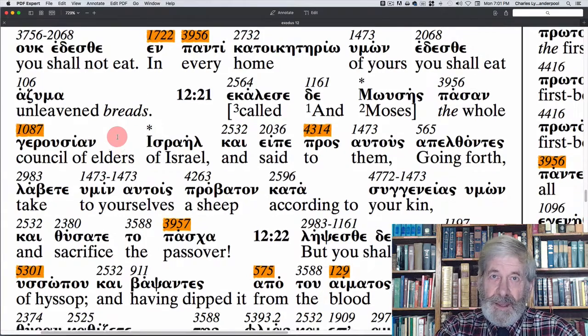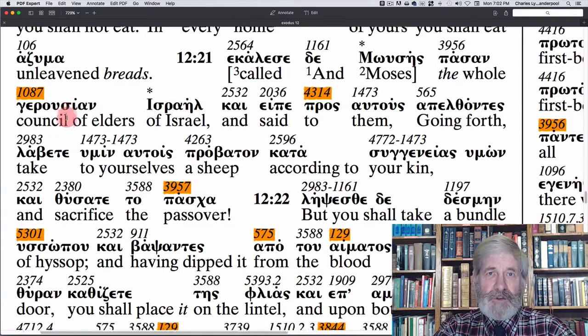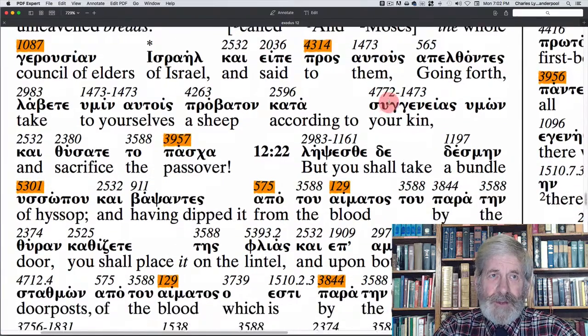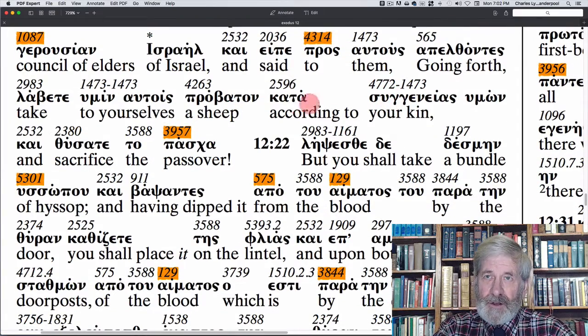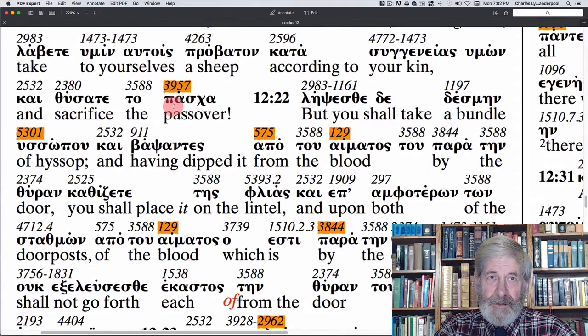And Moses called the whole gerousia, the elders of Israel. Geriatrics comes from that, things about older people like myself. And said to them, going forth, take to yourself a probaton according to your kin, and sacrifice the Pascha, the Passover.